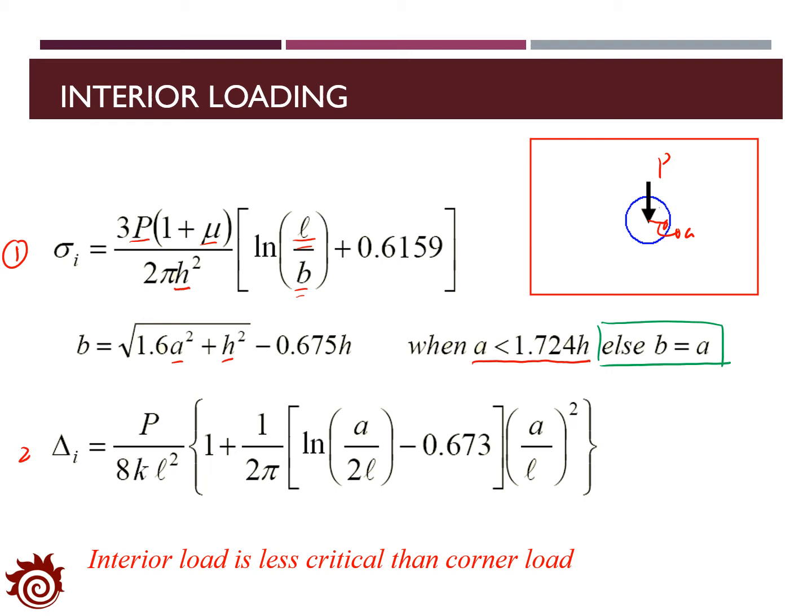We can also apply the second equation for the estimation of the maximum deflection, and similarly it's a function of P, K, L, and a. Generally, the interior load is less critical than the corner load. The reason is that the deflection caused by the interior load is much smaller than the corner load.